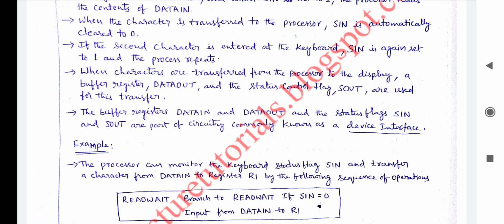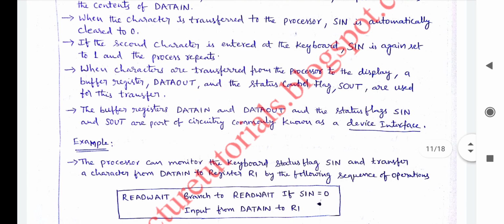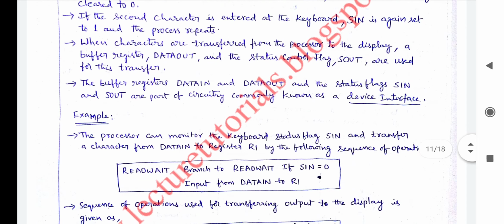Observe the flow: whenever a character is entered at the keyboard, S in is set to 1, and when that character is moved to the processor, S in is automatically cleared to 0. This process repeats when characters are transmitted from the processor to the display.